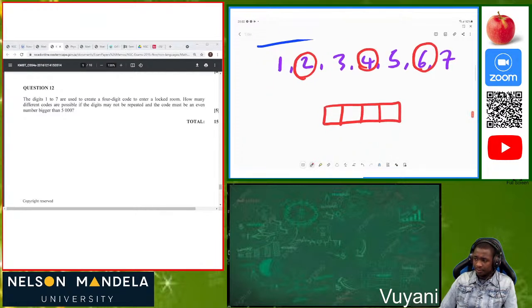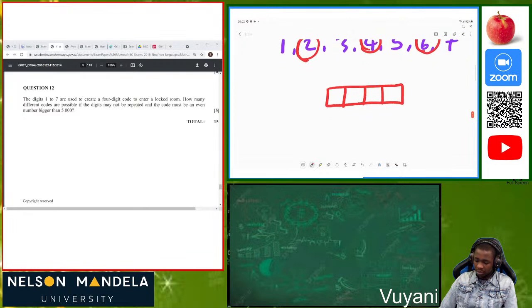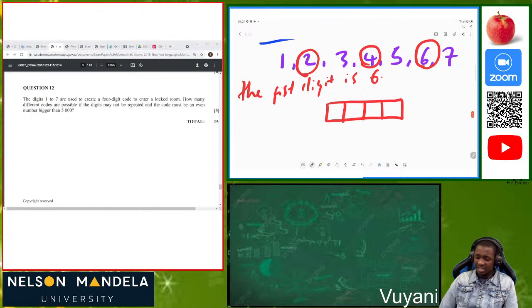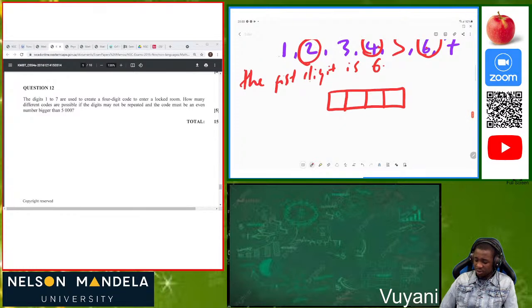Now, let's take the case that the first digit is 6. If the first digit is 6, what will be the chances for us to have here?